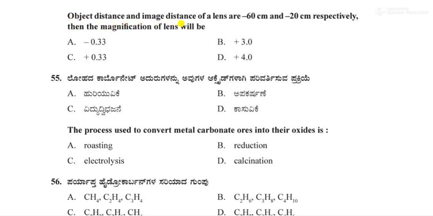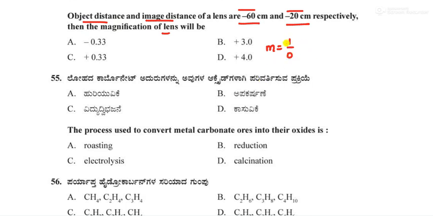Object distance and image distance of a lens are minus 60 centimeter and minus 20 centimeter respectively. Respectively means the first one refers to the first data and the second refers to the second data after the and. Then the magnification of the lens is dash. So magnification of lens is image distance divided by object distance.